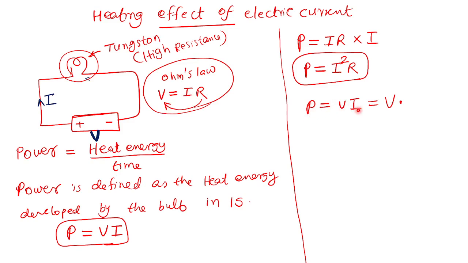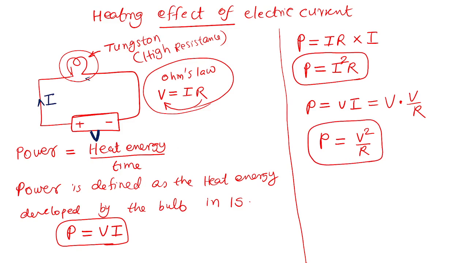Power equal to V into I. V into I is what? V by R, Ohm's law. So power has the formula V into V, V square by R. The three formulas you have to memorize.